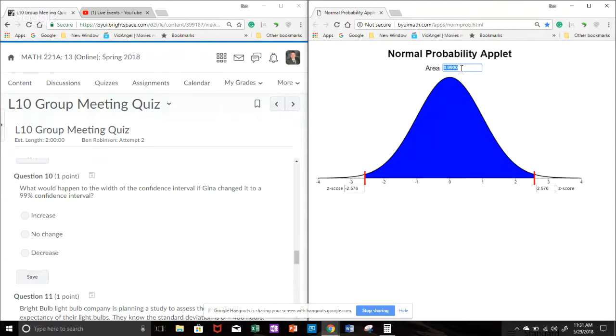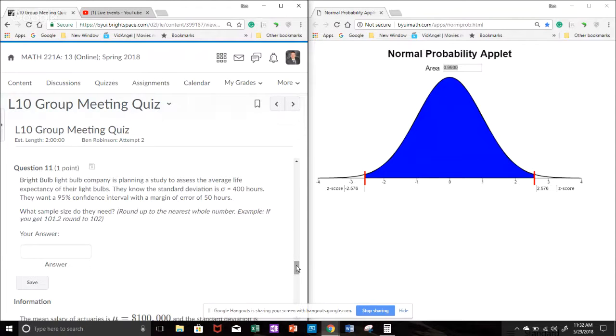I think it will increase. Which we just saw, right? By changing this to 99, the z-score goes up, and since the z-score is in the formula, it should increase it. Okay, I agree. Thank you.